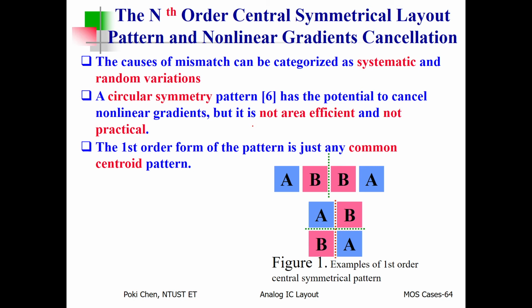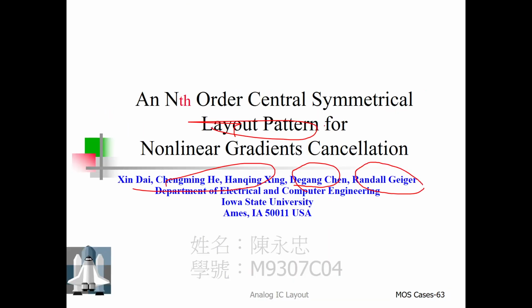So what I would like to tell you is, sorry, I forgot to mention that even though this is the best of the best, it can be only applied for two devices. Okay, to match two devices to any kind of order you like.